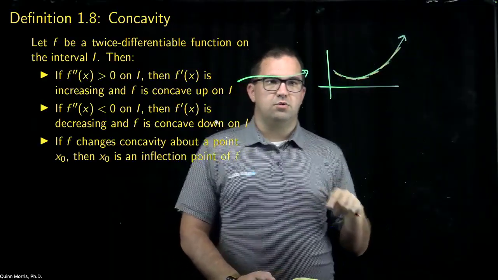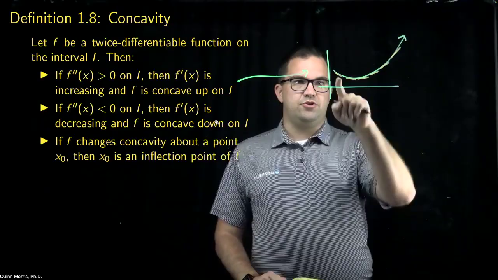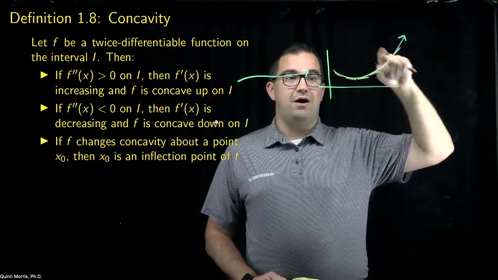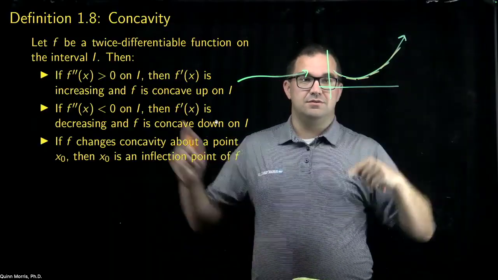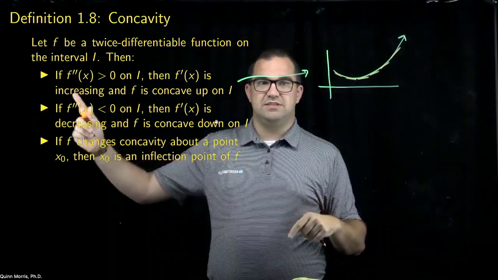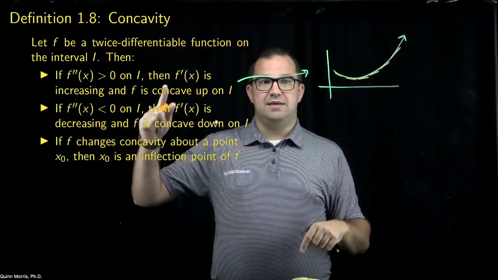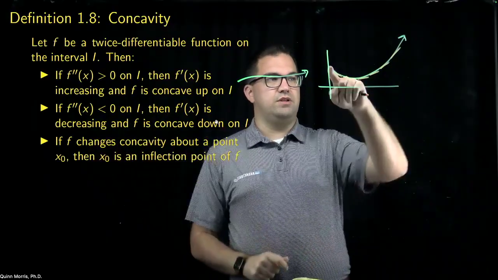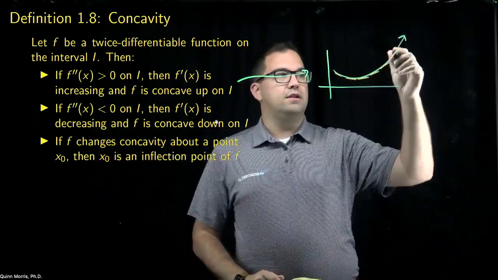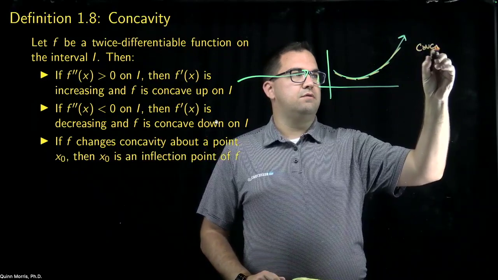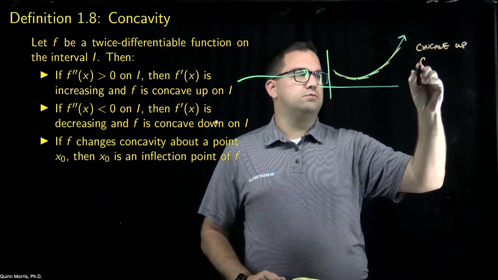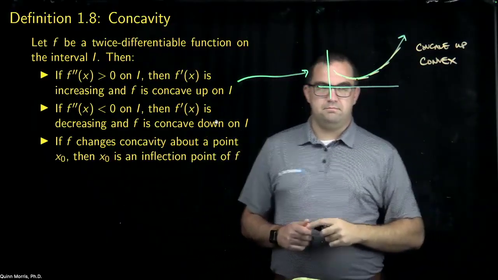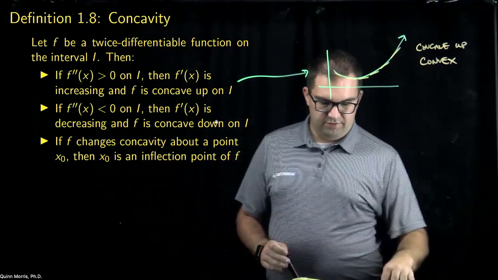So what we see here is that the derivatives themselves are increasing, which means the derivative of the derivative is positive. So again, working backwards, if the second derivative is positive, that means that the derivative is increasing. And my original function, we call this concave up. Now, this is also sometimes referred to as convex, but we'll typically use the terminology concave up.